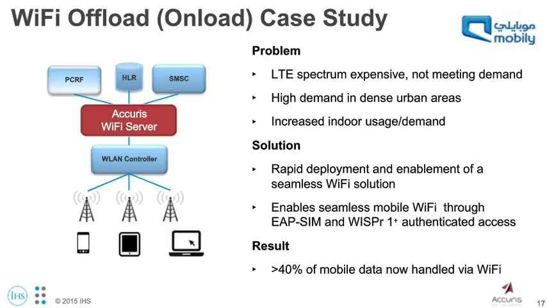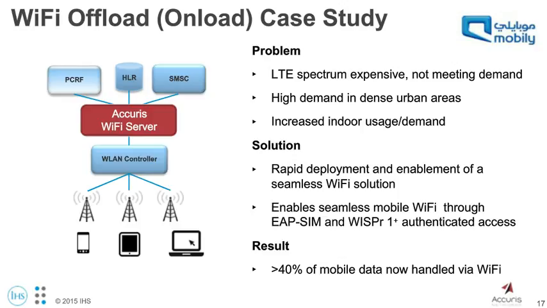Typically in the industry we call that offload. I think some people are starting to call that onload. How do I get the data from my Wi-Fi access points back into my mobile core so that I can ensure that consistent experience and really have good insight into my subscribers so I know who's doing what and be able to monetize that experience.